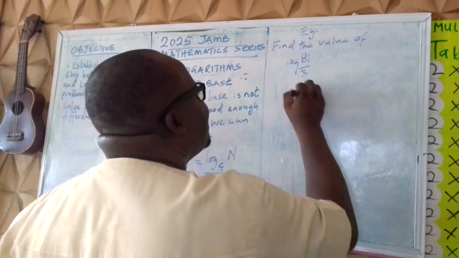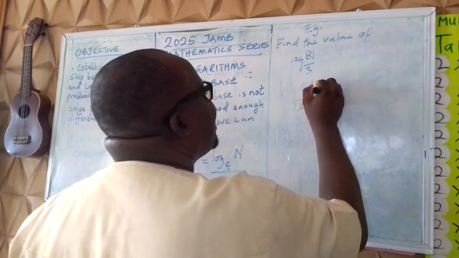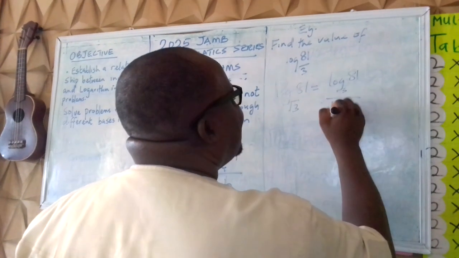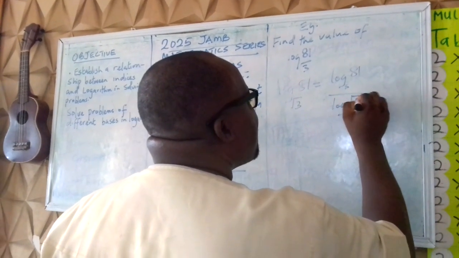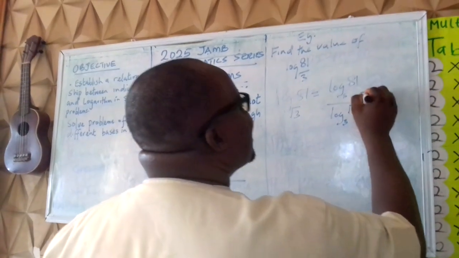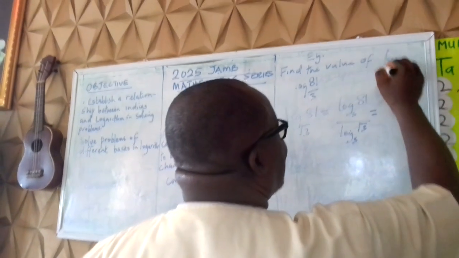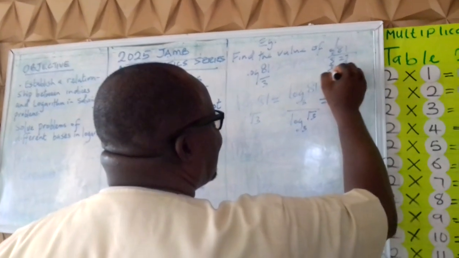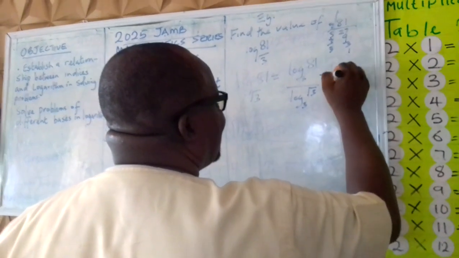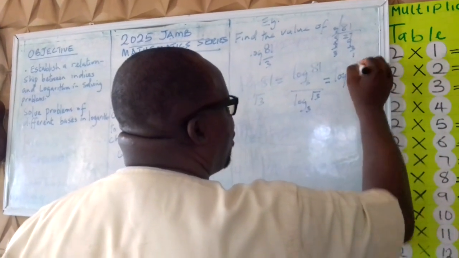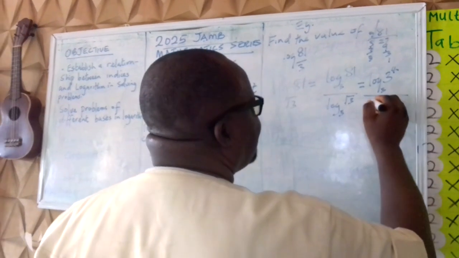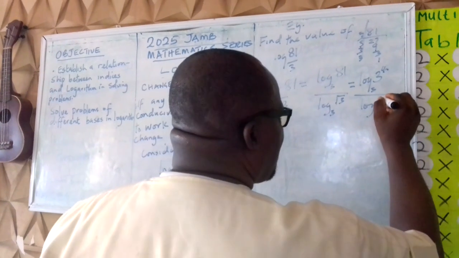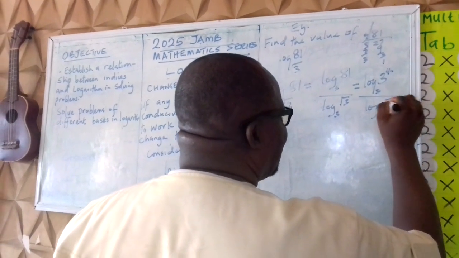So I will say that the log of 81 base root 3 is the same thing as log of 81 base 3 divided by the log of root 3 base 3. Because 3 is a factor of 81, 3 can go into 81: 27, 9, 3, 1. So that is the same as log of 3 raised to the power 4 base 3 all over log of the square root of 3 base 3.